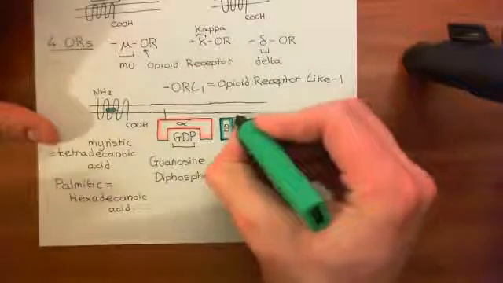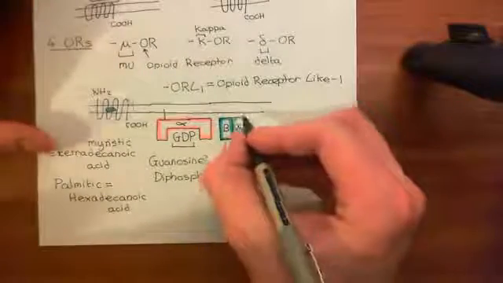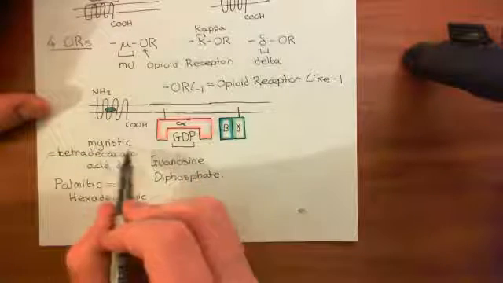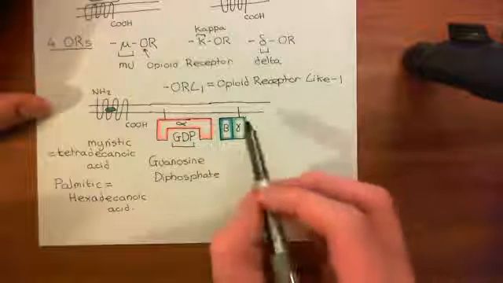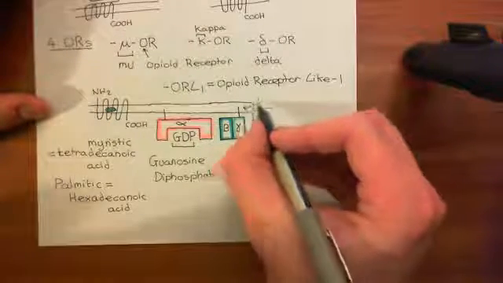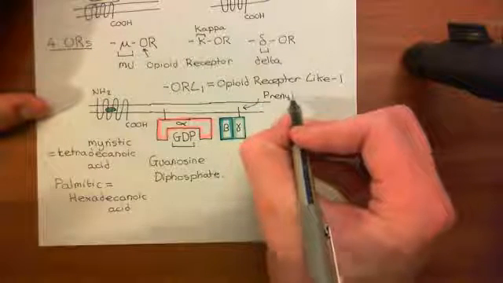The gamma subunit also has a lipid modification added onto it. This is not quite as simple a molecule as myristic and palmitic acid. It instead gets a type of lipid modification called a prenyl group added onto it.